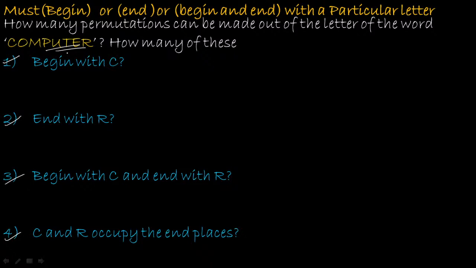The word COMPUTER consists of 8 different letters, isn't it? 1, 2, 3, 4, 5, 6, 7, 8. So we have 8 different letters, and if C occupies the first place, then for the first position you have only one choice, that is C. The remaining 7 letters can be arranged in 7 factorial ways.